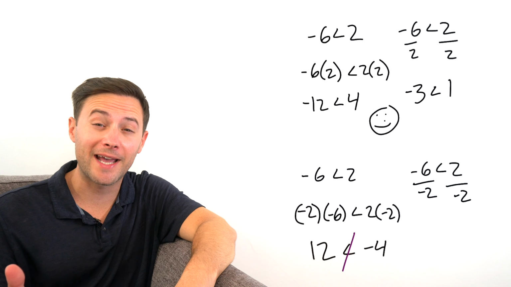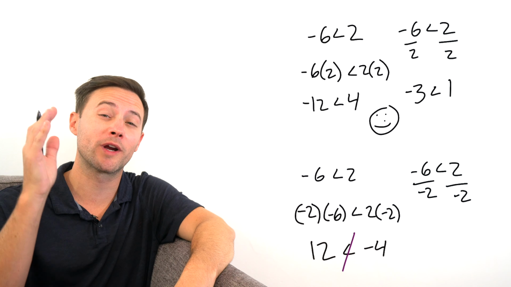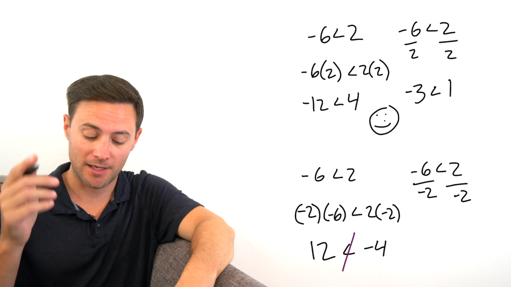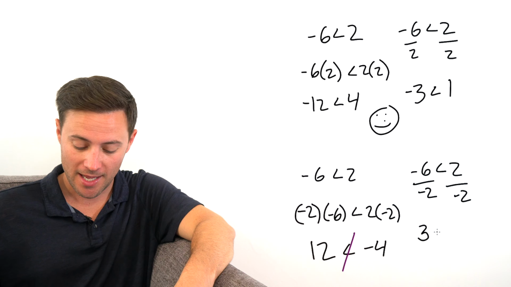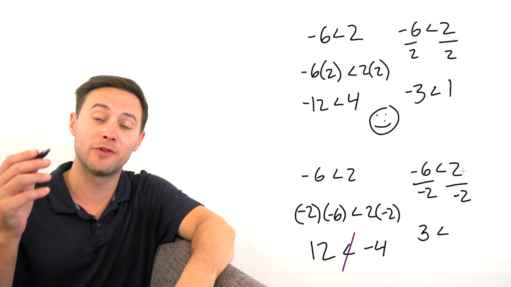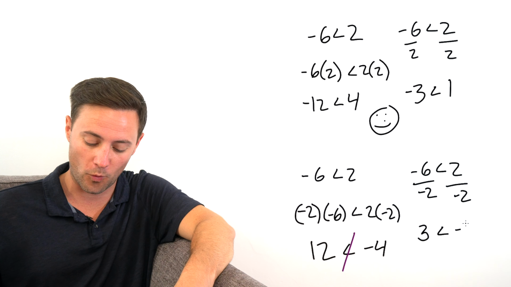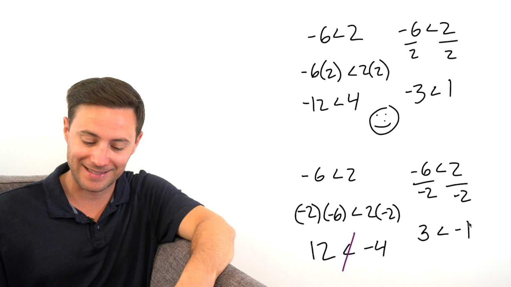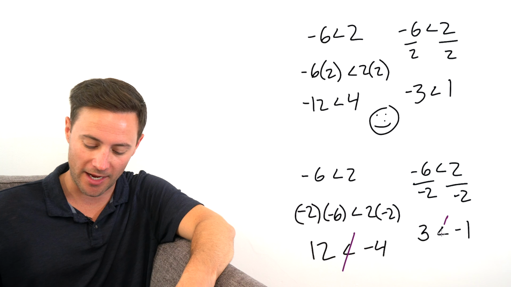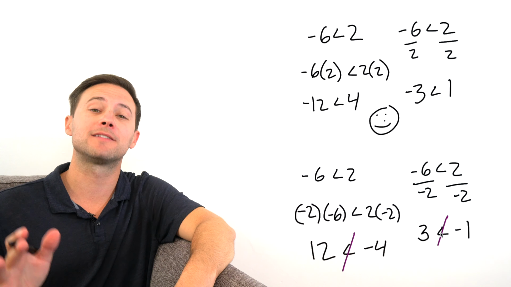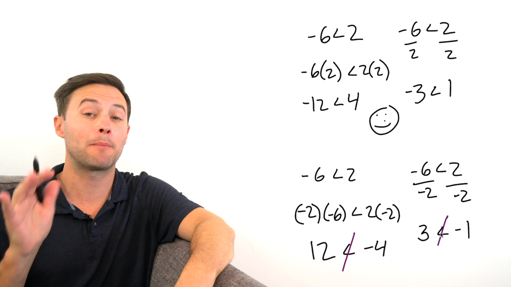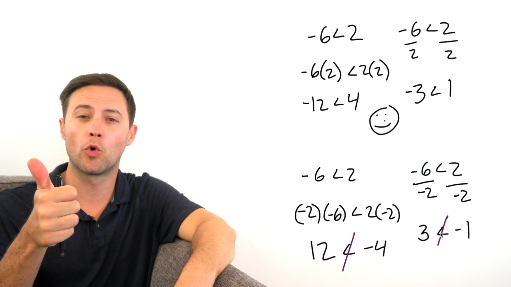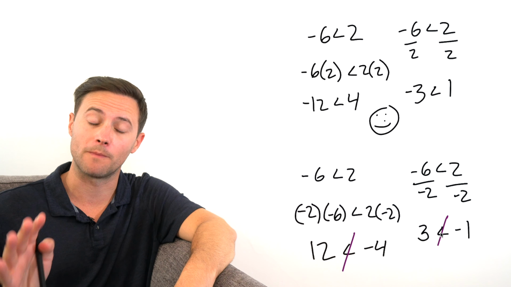And if we divide both sides by -2, we're going to see the exact same thing. So -6 divided by -2 would give us 3. And unfortunately, 2 divided by -2 is -1. And 3 is not less than -1. So notice, when we multiply or divide both sides by a positive number, no worries, the inequalities remain true.